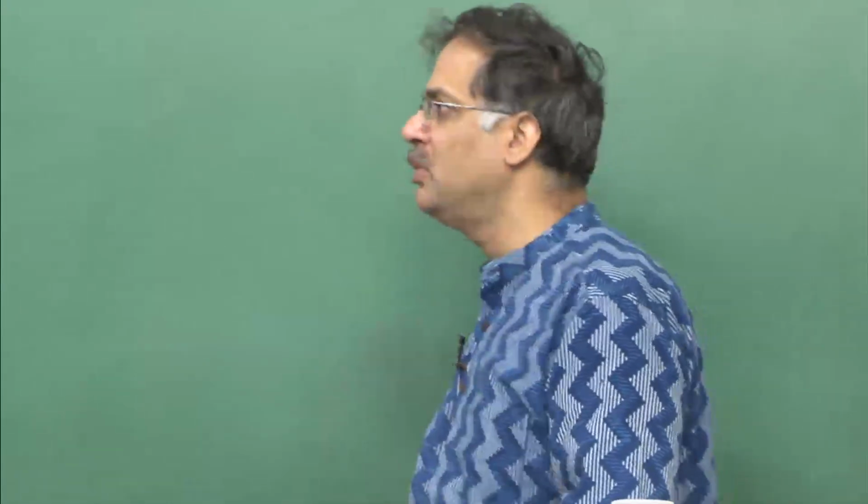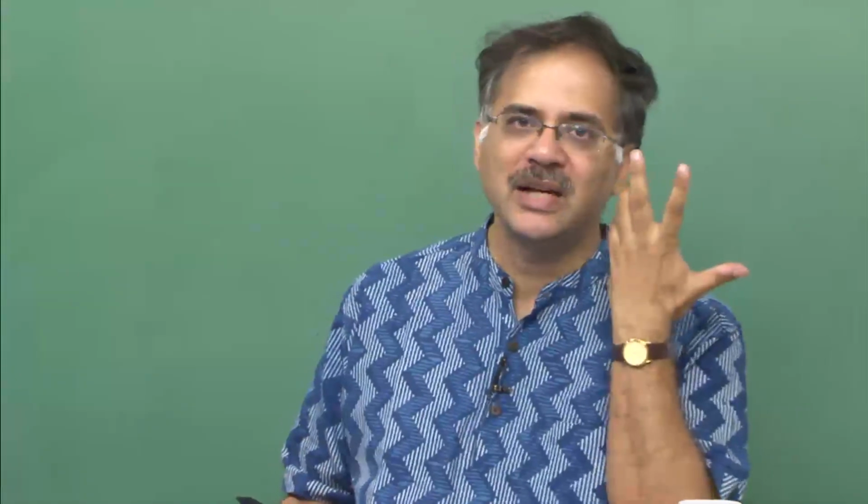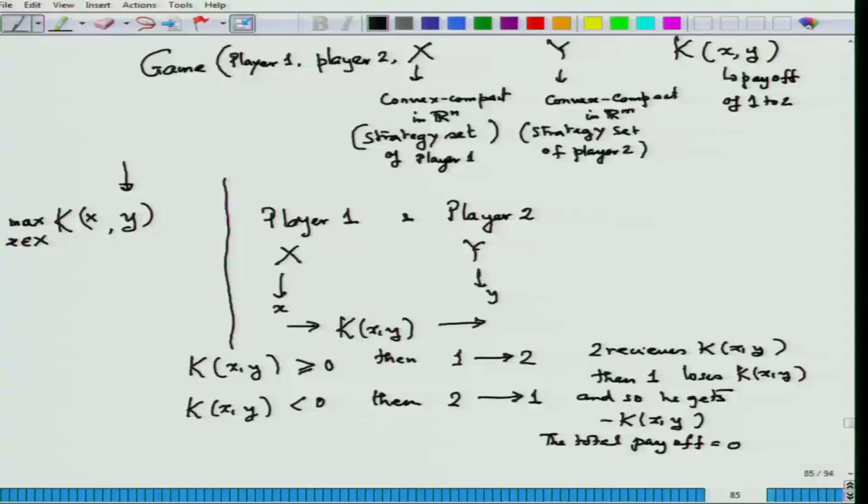This is the maximum amount of money he has to give, the maximum value of kxy. I assume continuity and all nice properties, so there will be an x naught in X for which this maximum would actually occur. If he chooses that strategy by mistake, that would be his maximum loss.